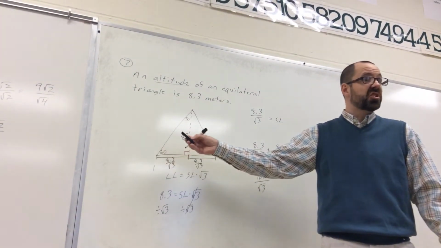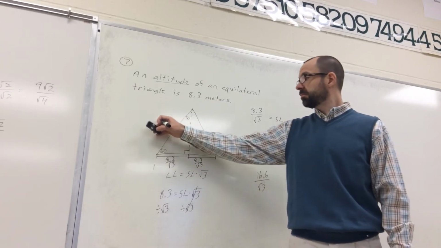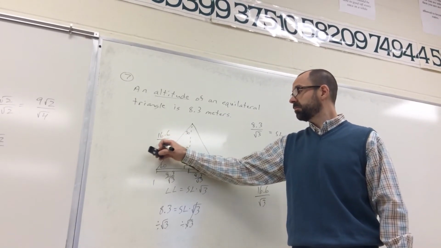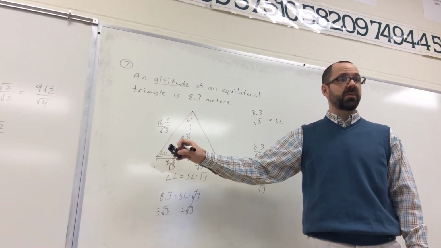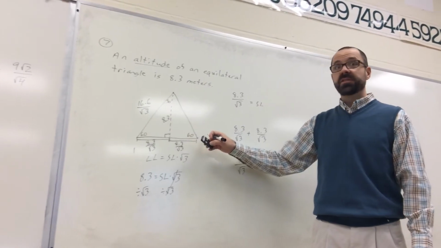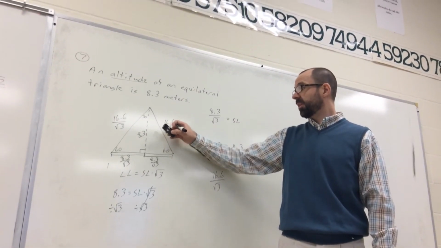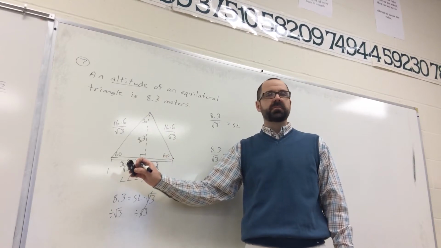Same thing, right? Because this is an equilateral triangle. So that side is 16.6 divided by square root of 3, and then this side is 16.6 divided by the square root of 3. All three of them are the same because it's equilateral.